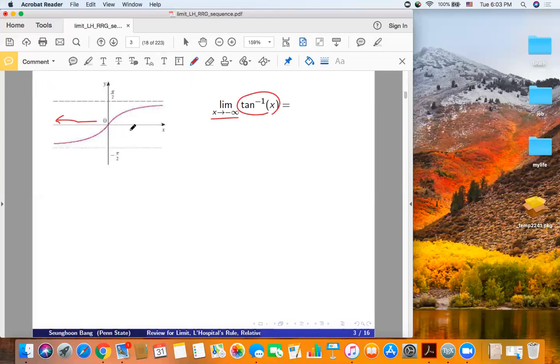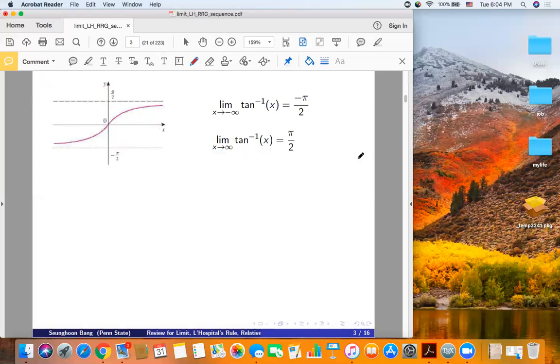The inverse tangent function approaches this dotted line, which is negative pi over 2. Similarly, as x value approaches positive infinity, inverse tangent of x approaches this dotted line, pi over 2. Answer is pi over 2.